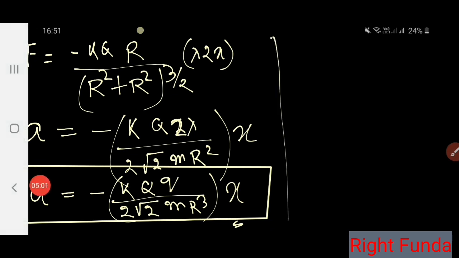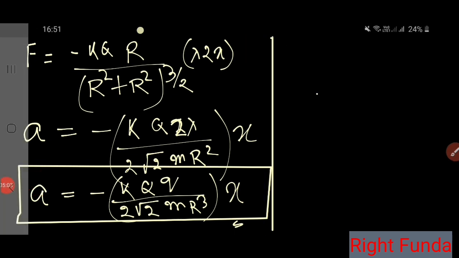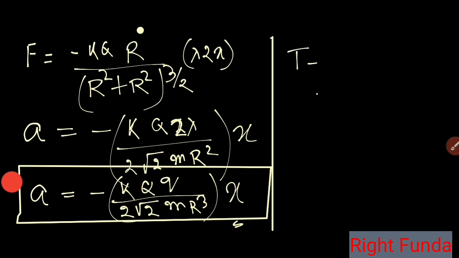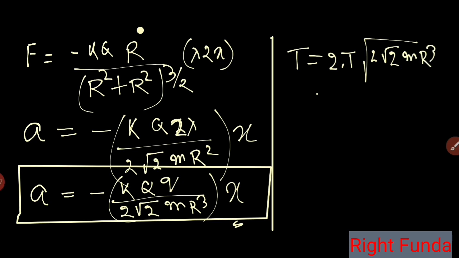From this we can calculate the time period of oscillation, which will be equal to 2 pi under root of 2 root 2 m R cube by kQq. This is the value.